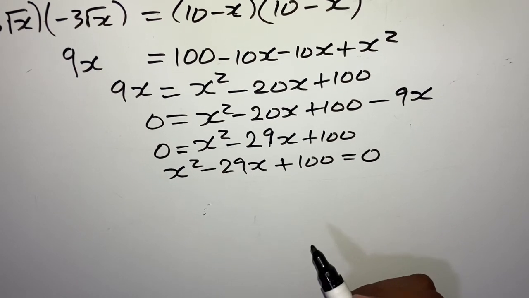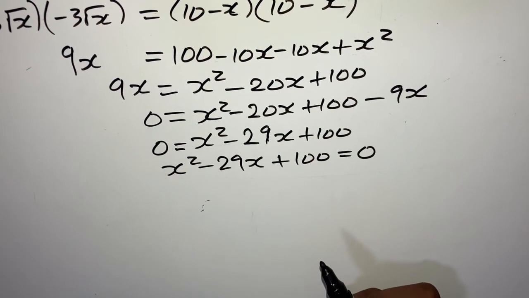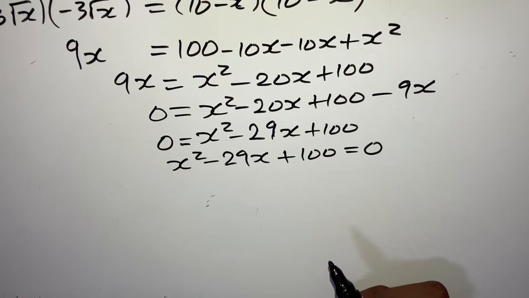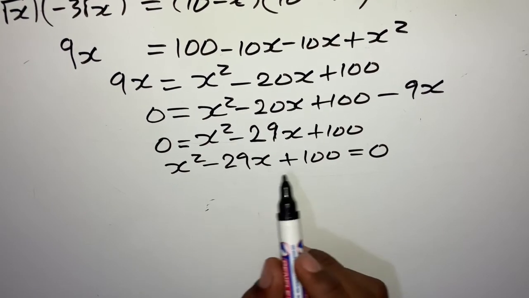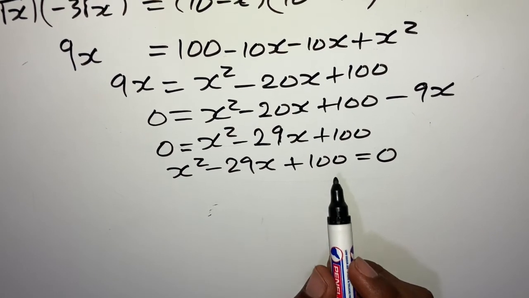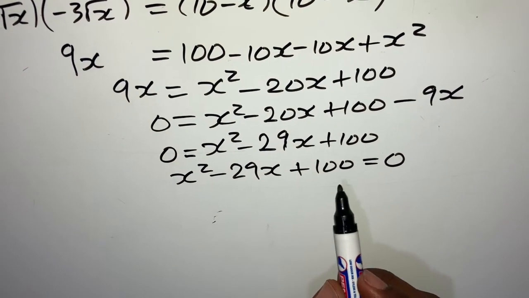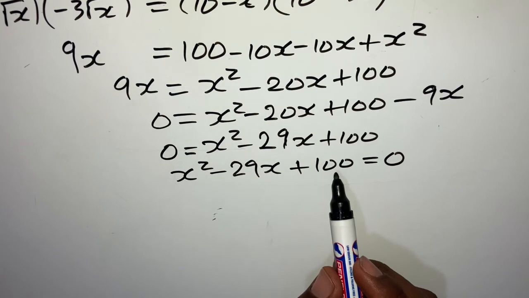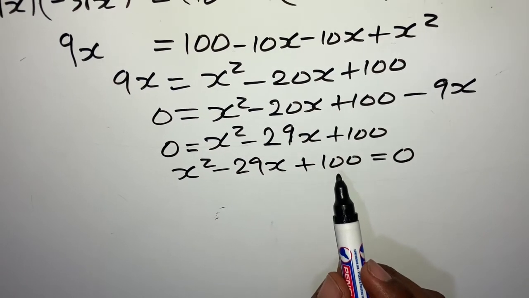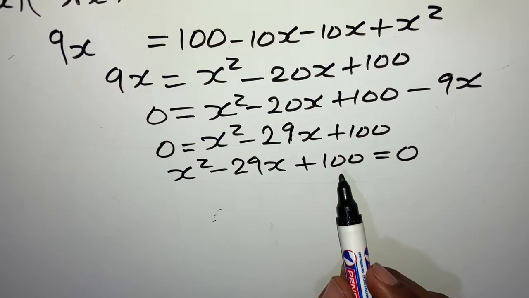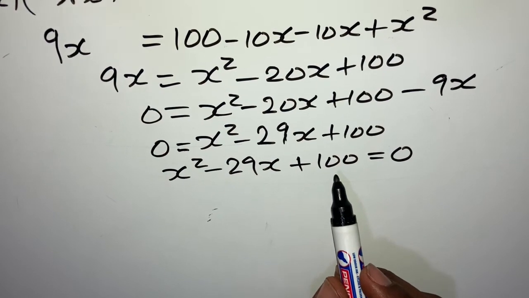Then from here, we have to factorize this equation where we ask, are there numbers that you can multiply to give you 100 and when you add them, they give you 29?